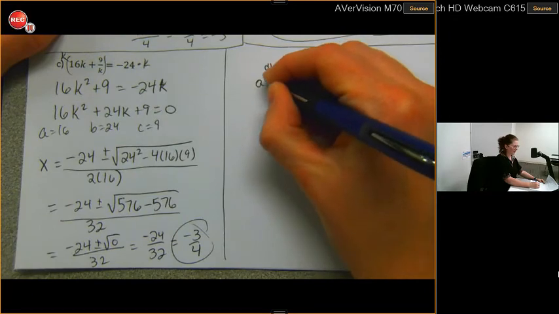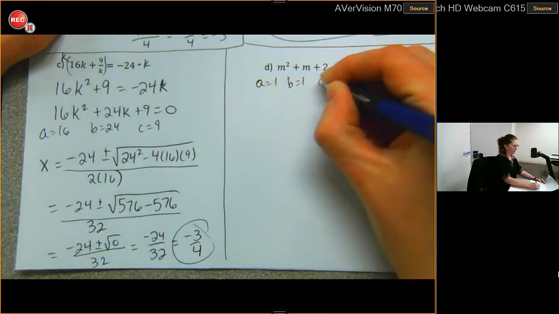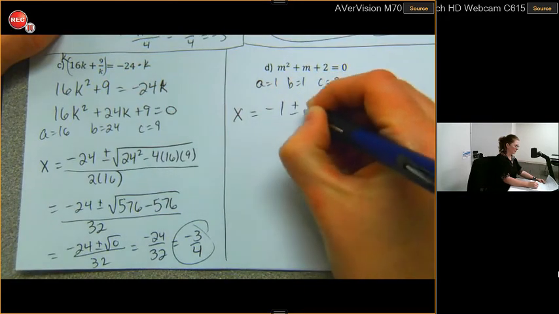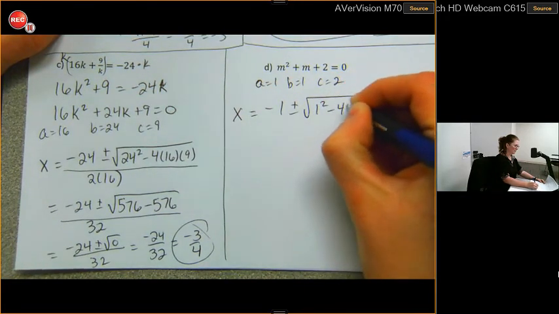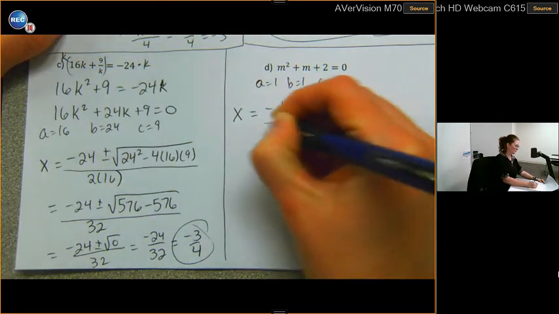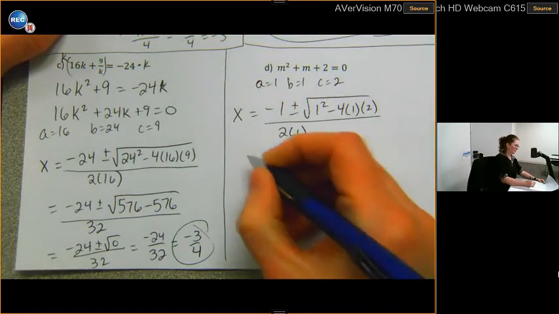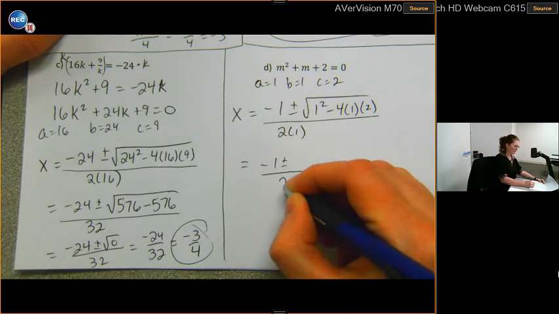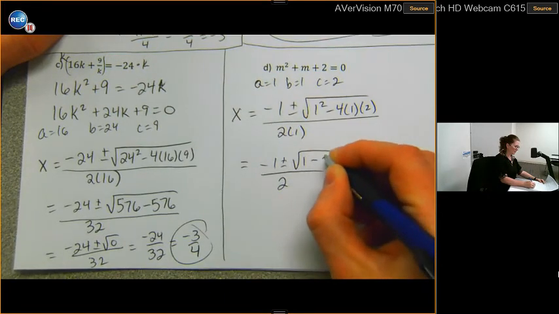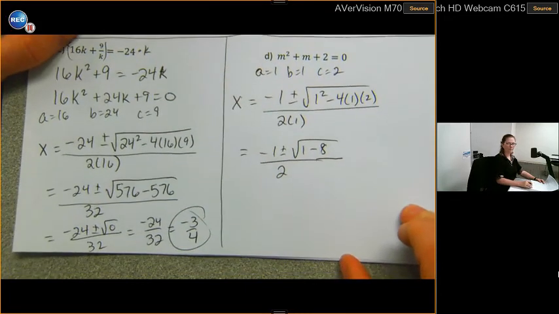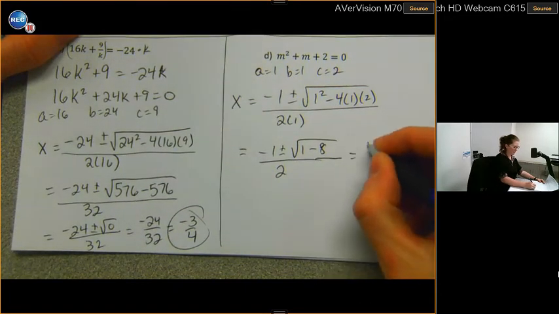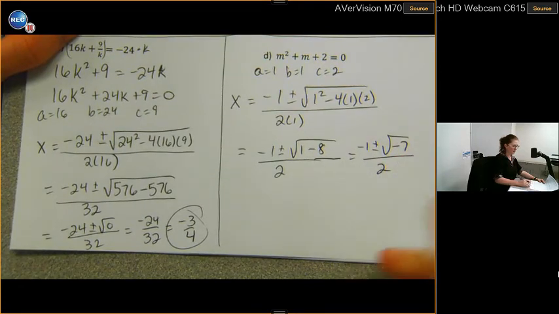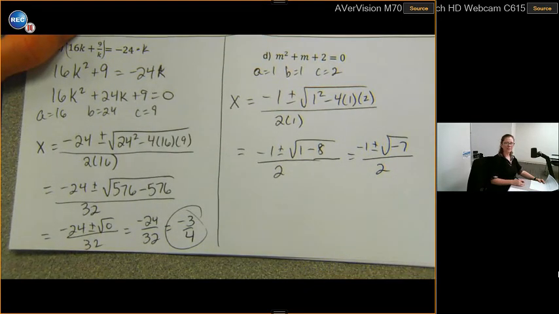So our A is 1, our B is 1, our C is 2. Substitute it into the quadratic formula and then do your work. We end up with a negative number underneath the radical.